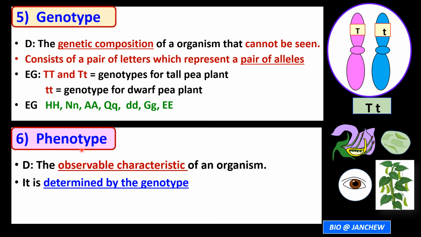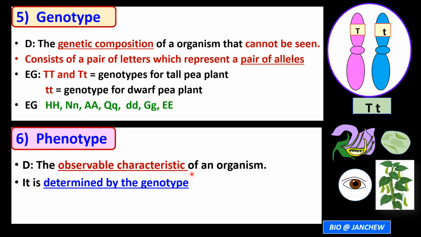Phenotype, on the other hand, means the observable characteristic or trait of an organism that can be seen. So the phenotype is determined by the genotype, or the genes in the cells, right? Can you give me some examples of phenotype other than purple flower? Here we have the wrinkled seed, brown eyes, tall trait in the plant.